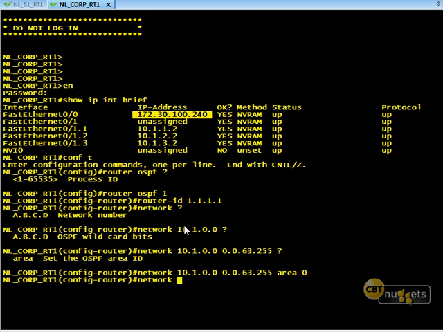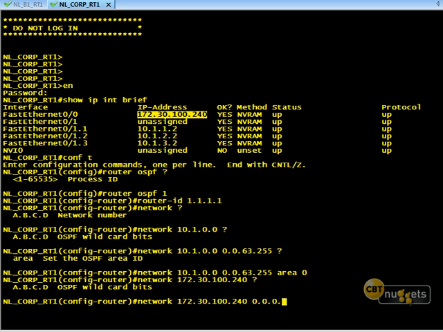If you're using a wildcard mask of all zeros, that means you're using the exact IP address. So we say network, and the wildcard mask just says, okay, what bits are significant? Every single one of them. This is actually a great practice to enable OSPF. It says turn on OSPF on specifically that interface, that IP address, that subnet.